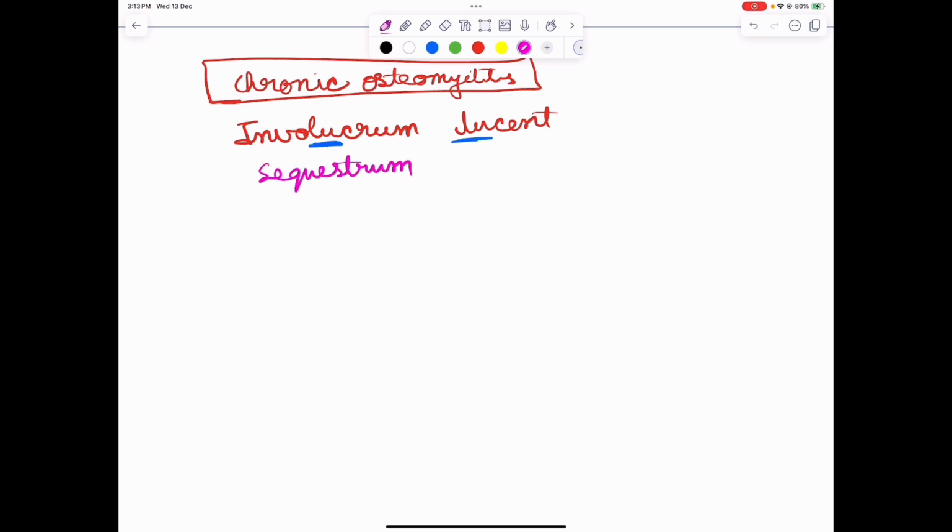So therefore, there would be sclerosis happening. Now, chronic osteomyelitis, what will we have? It will have a sclerotic center, surrounded by granulation tissue, that is involucrum. This is known as paprika sign, and there would be cloaca also, which would be a discharging sinus. So all these are discussed here.